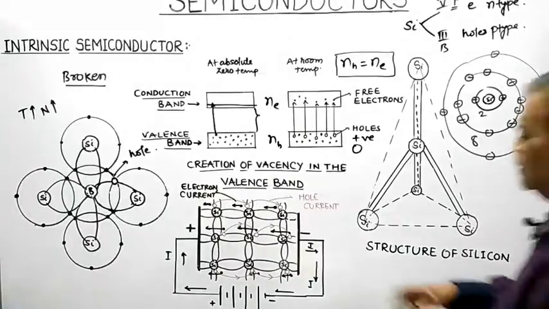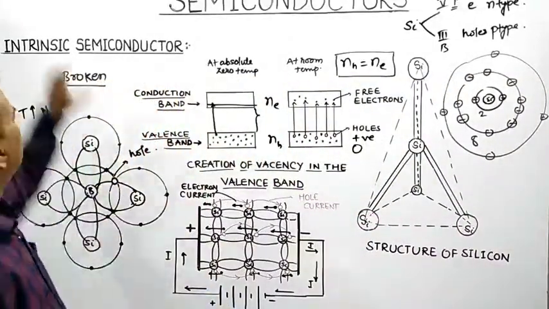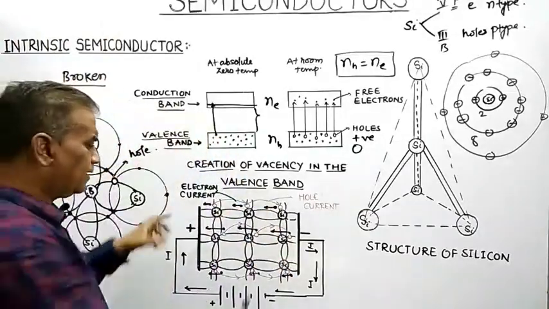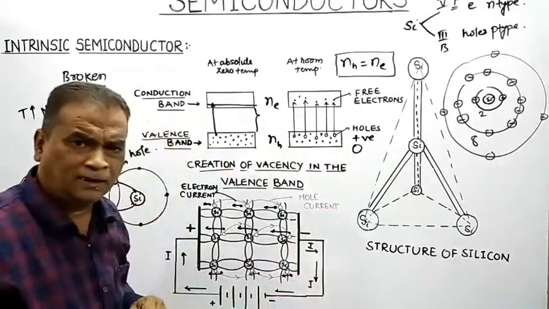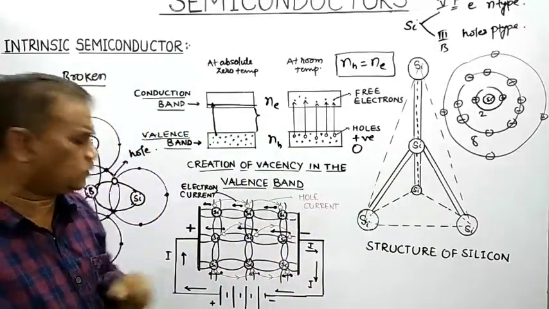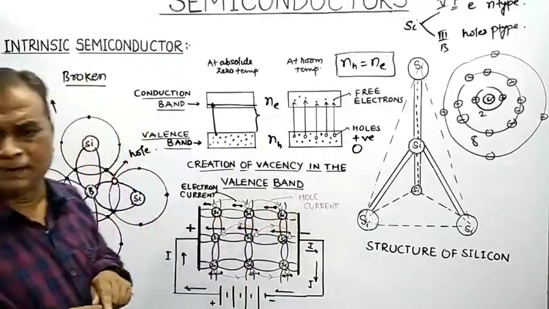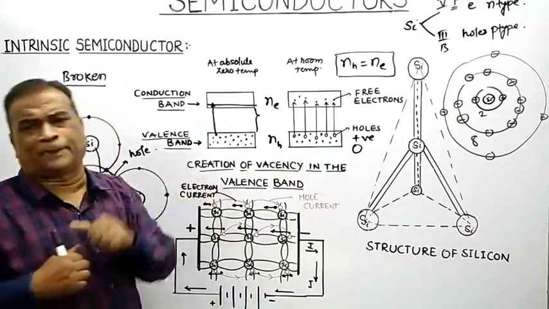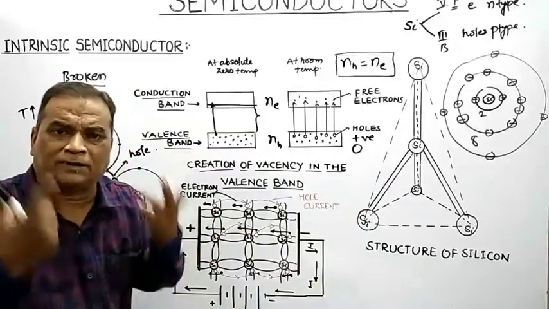Now let us look at how there will be conduction of electric current through an intrinsic semiconductor. Here I have drawn a diagram where a source of electromotive force, a battery, is connected across the intrinsic semiconductor.